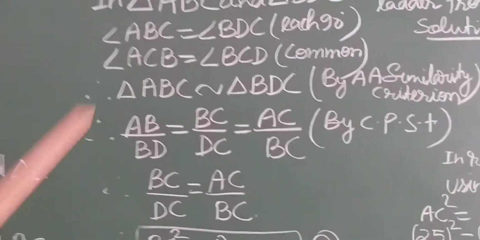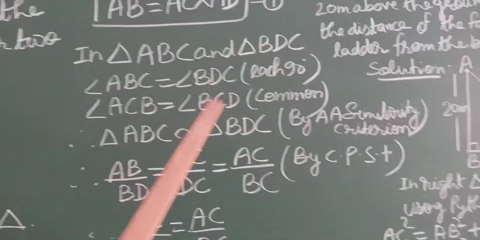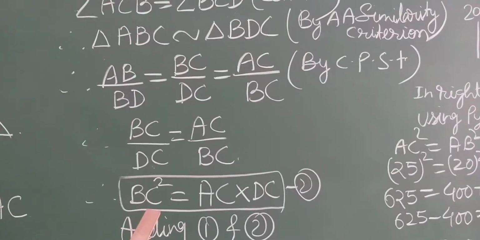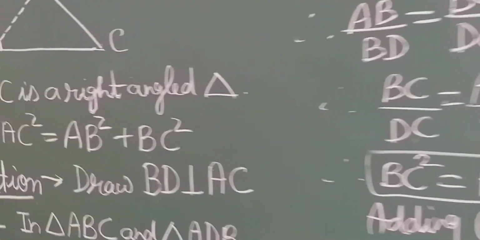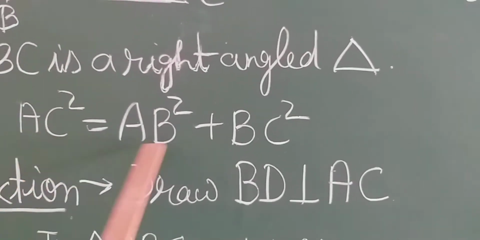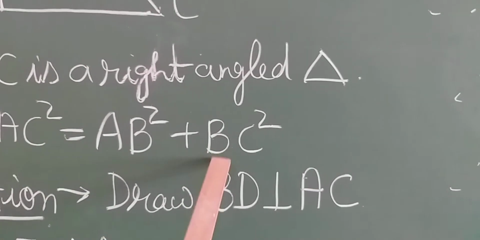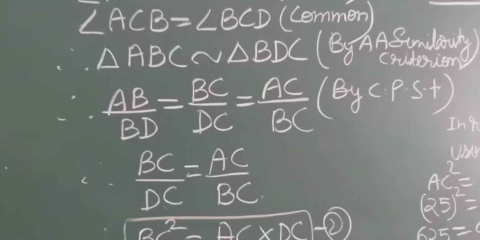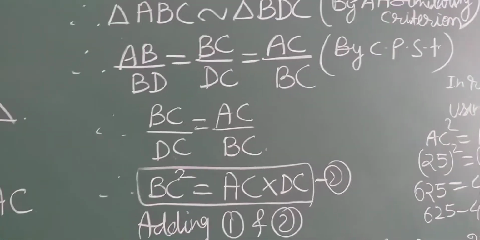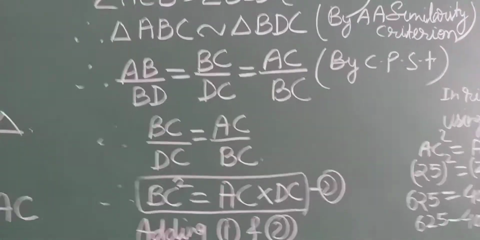So in the first equation, students, we have got AB square. In the second equation, we get BC square. Now students, we have to prove AC square equals AB square plus BC square. Means we have to add AB square and BC square. That's why we are going to add equation number 1 and equation number 2 so that we can easily get AB square plus BC square.